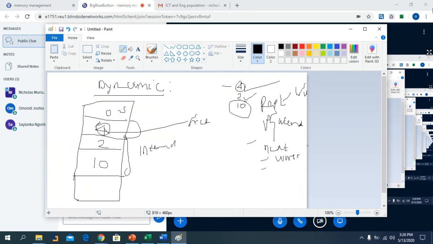So for this case, because this one is now free, we still require compaction. If you can understand what we have talked about compaction, we have said compaction is when you bring the processes together, the memories together and the holes together.